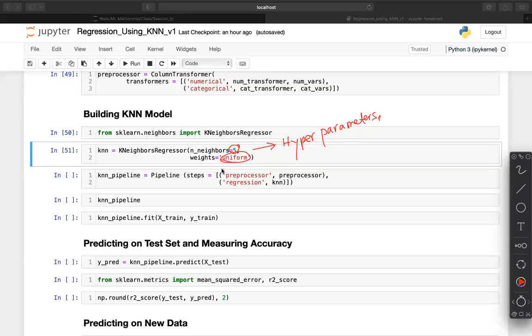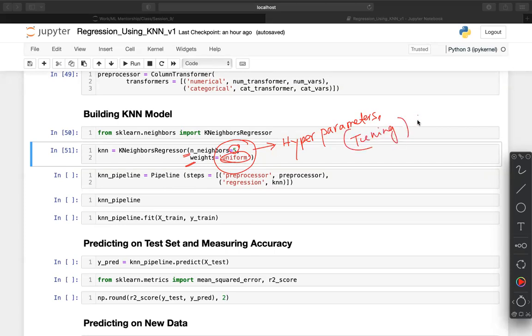In this case, KNN has two hyperparameters. One is the k value, how many neighbors, and the other is how the final prediction would be made, whether simple average or weighted average. And tuning them to the most optimal value to get the best model is called hyperparameter tuning.